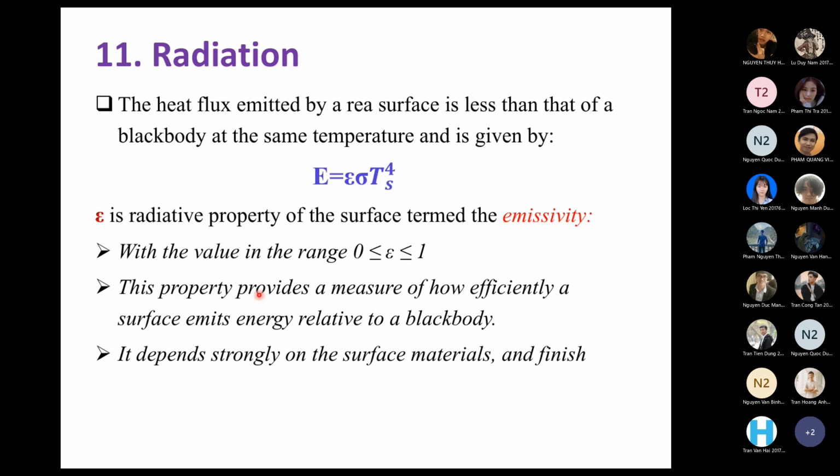This property provides a measure of how efficiently a surface emits energy relative to a black body. The black body is the highest. If epsilon equals 1, this surface is a black body.